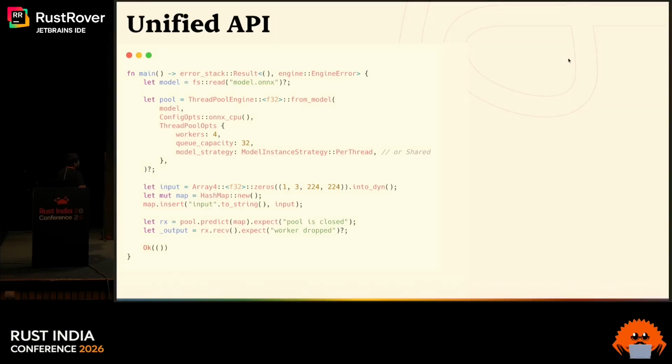You just read the model file, for example model.onnx, and then you make a pool. You pass in the model and the config options, which have lots of choices: you can use ONNX CPU, you can use ANE, you can use CoreML. Then you pass in the input, tell it to predict, and you get the output. It's really seamless and easy to run inferencing.